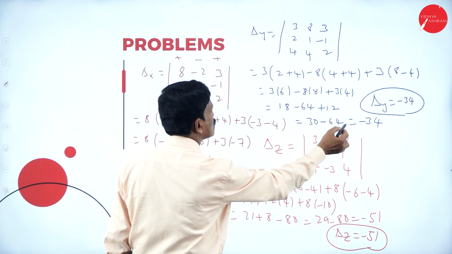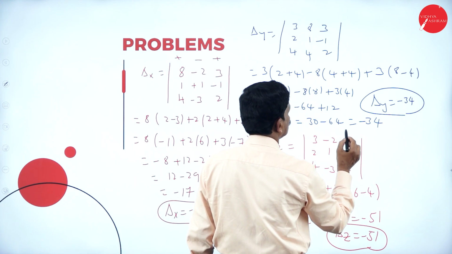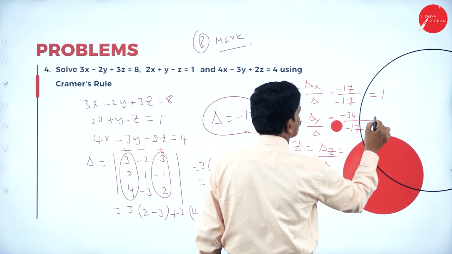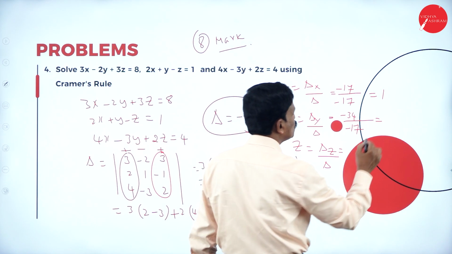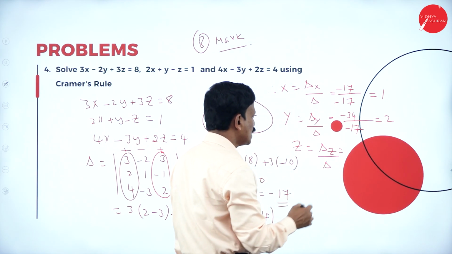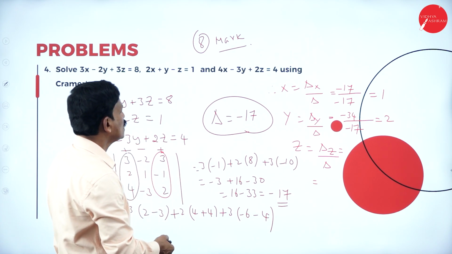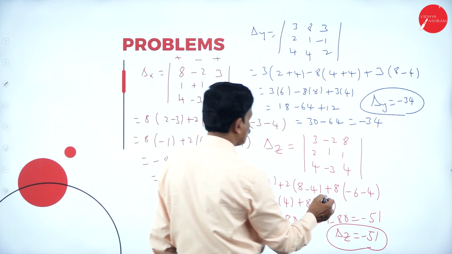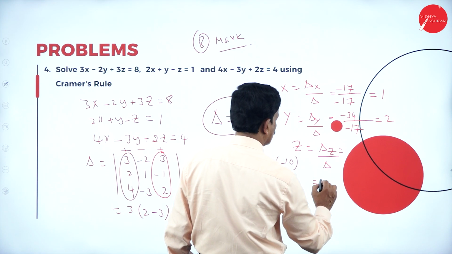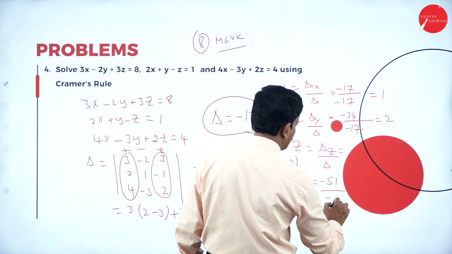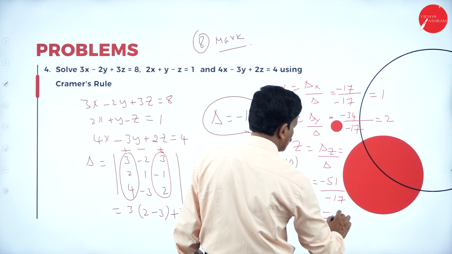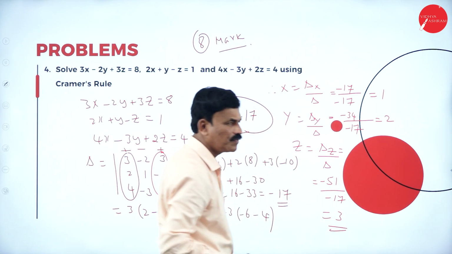Delta y is equal to minus 34. So, minus minus gets cancelled, 17 2s are 34. And delta z value is equal to minus 51. Minus 51 divided by minus 17, minus minus gets cancelled, 17 3s are 51.